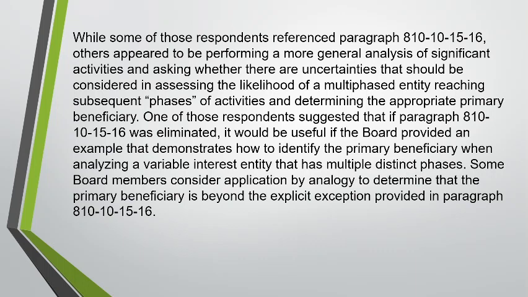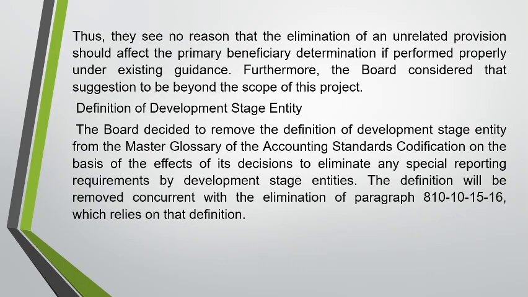Some board members consider application by analogy to determine the primary beneficiary beyond the explicit exception provided. Thus, they do not see a reason that the elimination of an unrelated provision should affect the primary beneficiary determination if performed properly under existing guidelines. Furthermore, the board considered that suggestion to be beyond the scope of this project.